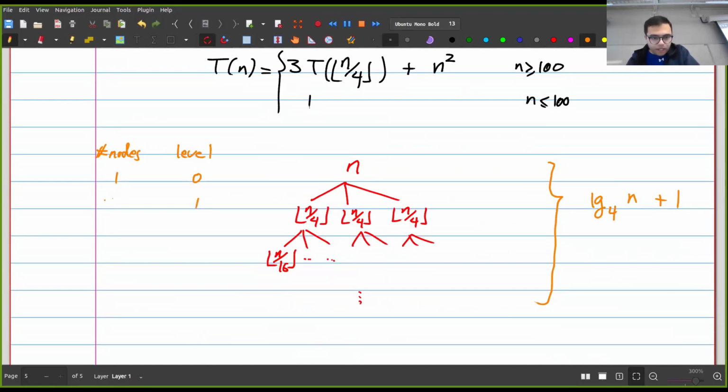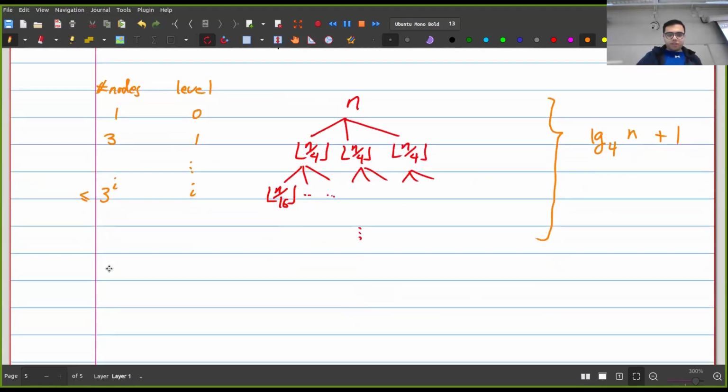In level 1, I have 3. In general, in level i I have at most 3 to the power of i, because it might be that by the time I'm reaching level i, some of these recursive calls have already ended. Maybe in some cases, I reached size 1 sooner. So I'm saying it's at most 3 to the power of i.